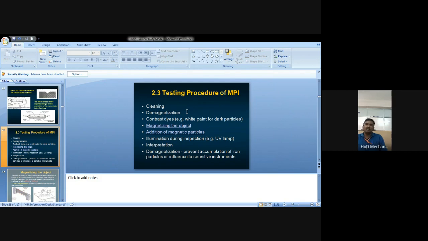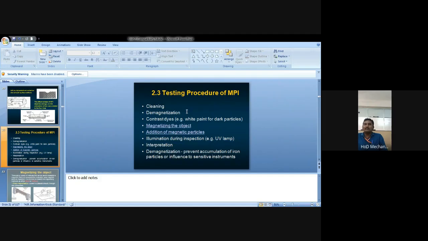The second one is, if the testing specimen already has any other type of magnetization, we have to demagnetize it so that it is neutral, by this demagnetization method.